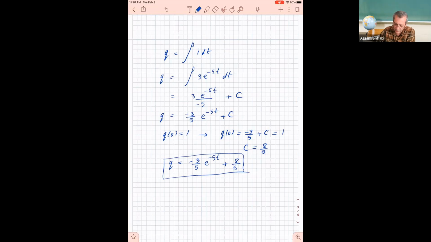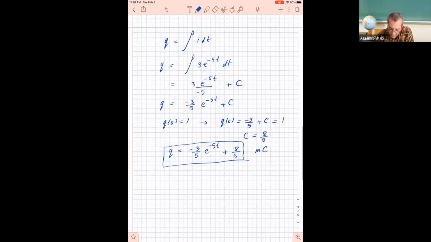And you can check, if you put 0 into t, you will get 1 for the charge. And again, the units here are millicoulombs. All right, so that's the relation between current and charge.